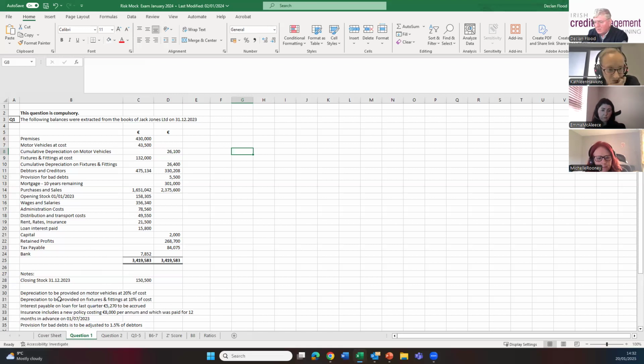So that is that. So the first thing is depreciation to be provided on motor vehicles at 20% of cost. So let's just put motor. Okay, so depreciation on motor.